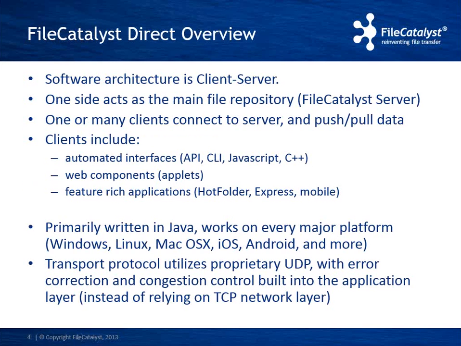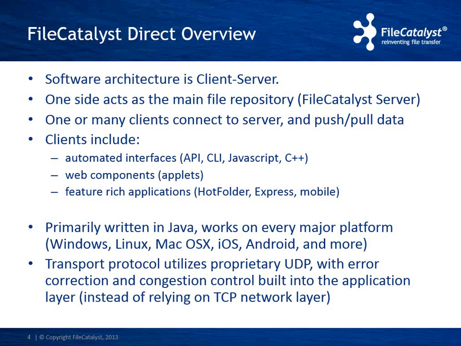So just to give you an idea what FileCatalyst Direct is, it's our main point-to-point product for doing point-to-point file transfers. It is a client-server architecture, so you have a server with your central repository of data, and then you have different client applications that can connect to it and either upload or download files from that repository.